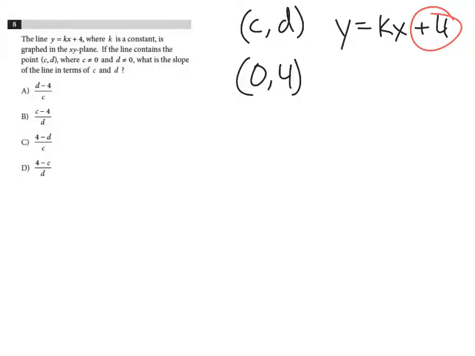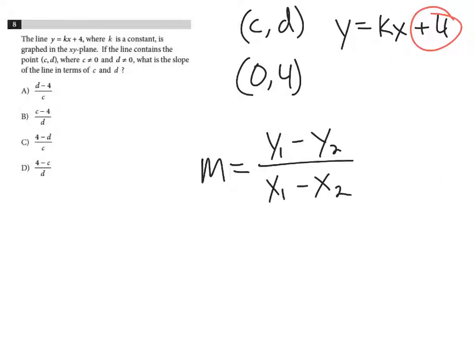Okay, so then we can use the slope formula. We're just going to do y1 minus y2 on top of x1 minus x2. So let's pick a y1.